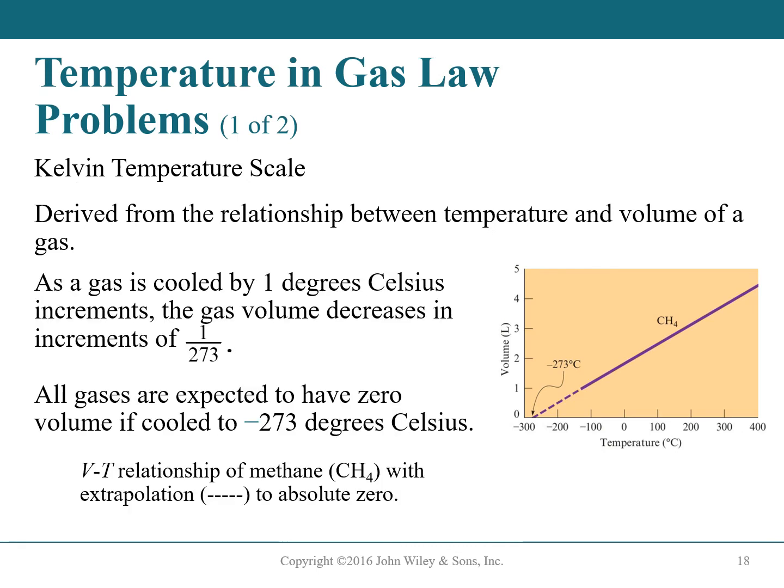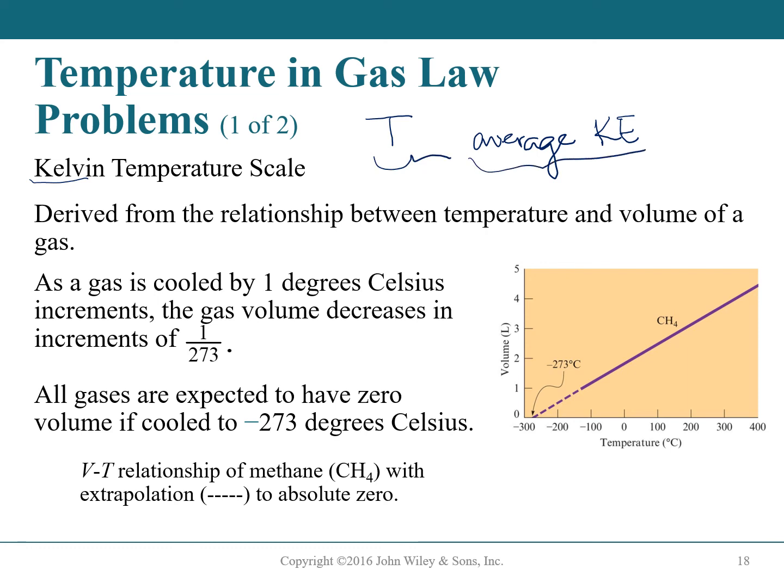Okay, let's take a look at temperature and gas law problems. When we take a look at temperature, we find that we need to use the Kelvin temperature. The reason is this: there is no negative energy. If temperature and average kinetic energy are related, then you can't have a negative kinetic energy.